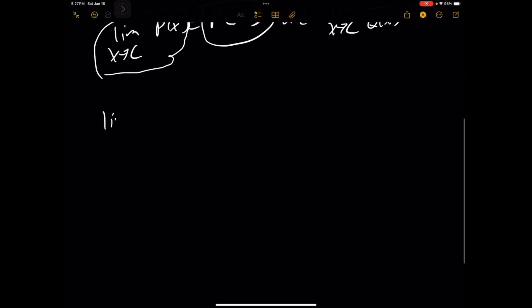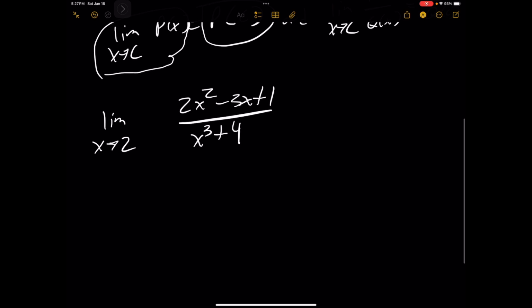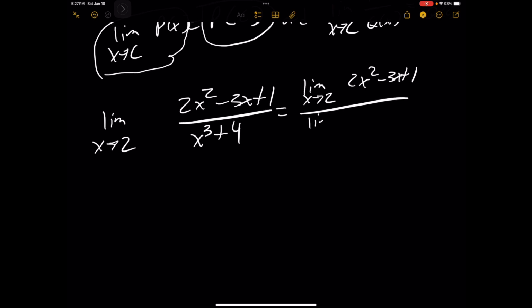So let's take the limit as x approaches 2 of 2x squared minus 3x plus 1 over x cubed plus 4. Now, via our limit rules, we have a quotient here, but we know that the limit of the quotient is just the quotient of the limits. So we have the limit as x approaches 2 of 2x squared minus 3x plus 1 over the limit as x approaches 2 of x cubed plus 4.